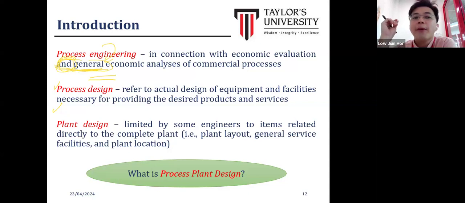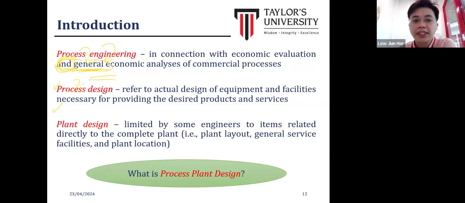Okay, and some of the process engineers even don't have the knowledge how to initiate the chemical plant design. This can be considered as one of the aspects that make the process engineer different from the chemical engineer.